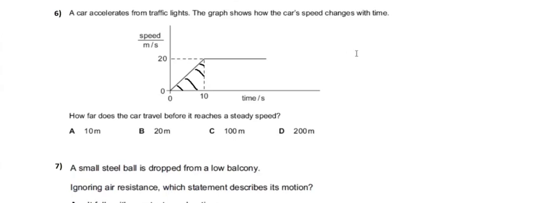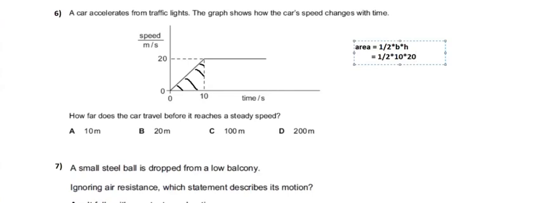The area is nothing but half into base into height. You can see this is a right angle triangle, and here the base is 10 and the height is 20 meter per second. This height is on the y-axis, you can see this is 20.